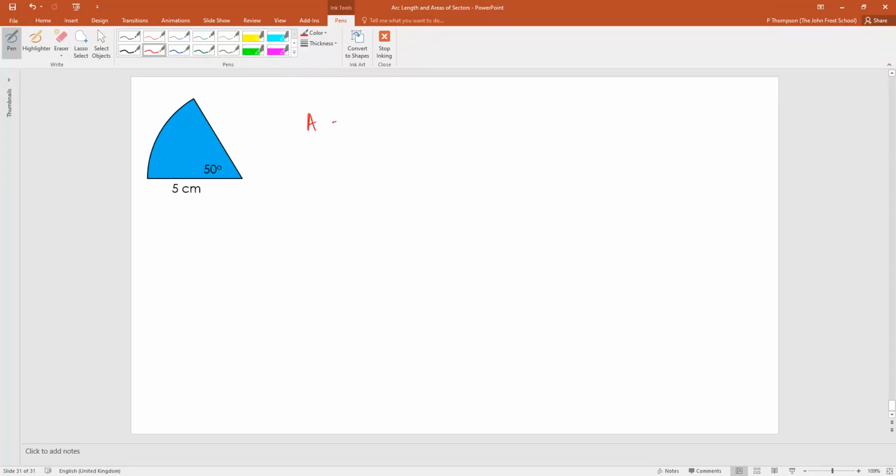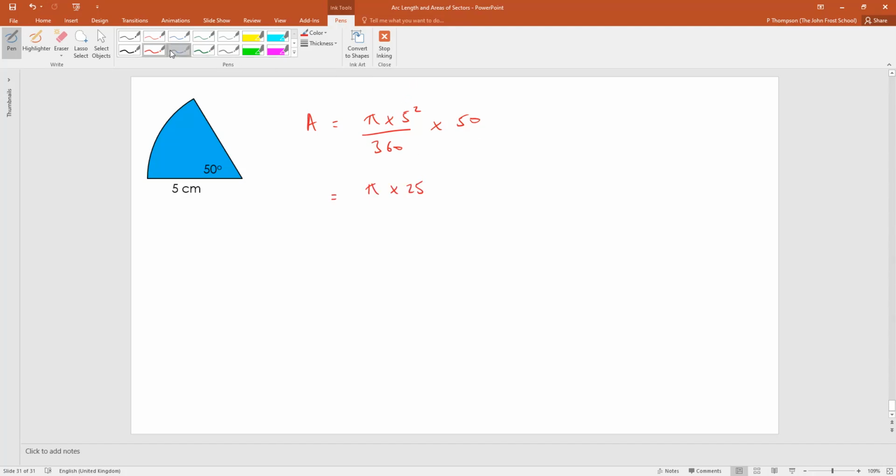So remember, the area is going to be pi times radius squared divided by 360 times 50. Now we've been asked to leave pi in our answer. So there's a few things you can do to make this look a bit better. The first thing is to realize that 5 squared is 25.